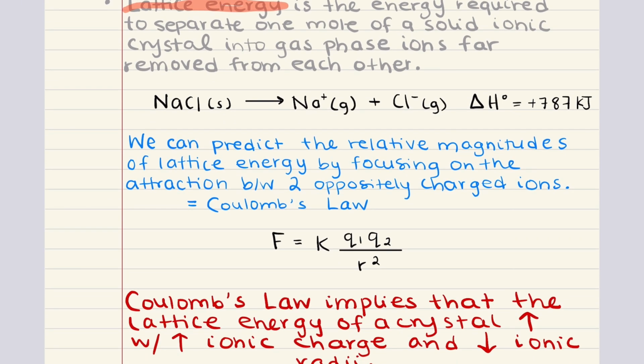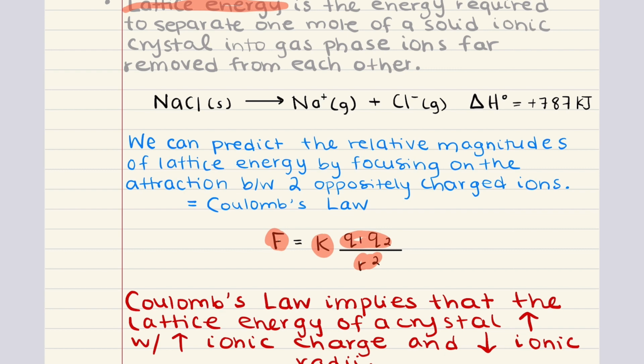It describes the electrostatic force of attraction or repulsion between two charged particles as follows. It is K, a proportionality constant, multiplied by Q1 Q2, where Q1 and Q2 represent the charges of the two particles, all over R squared, where R is the distance between the centers of the two particles.